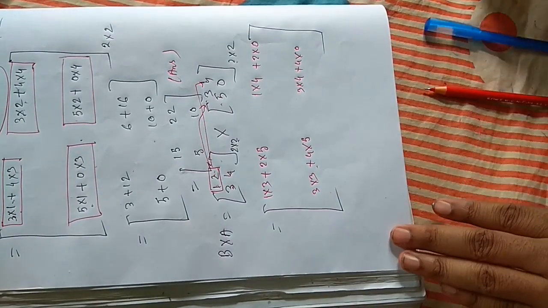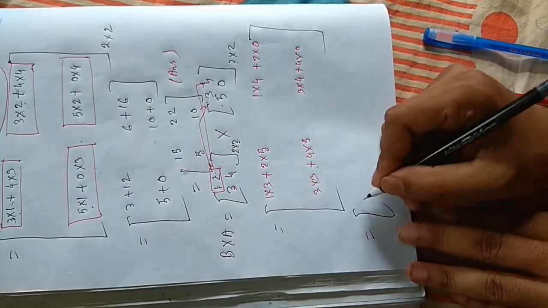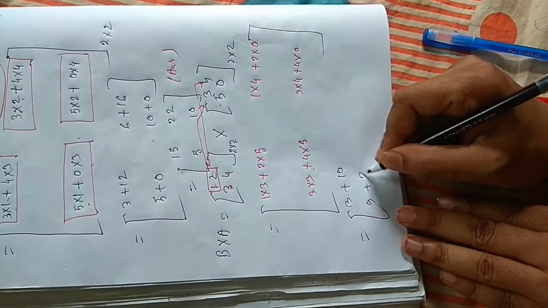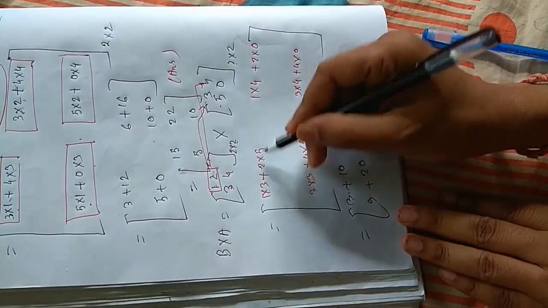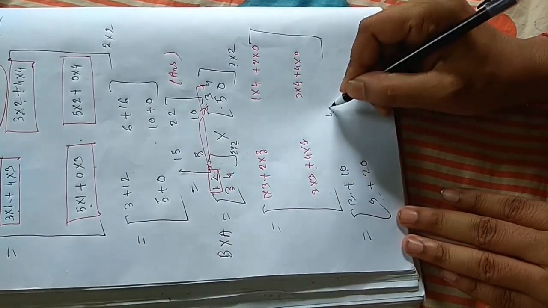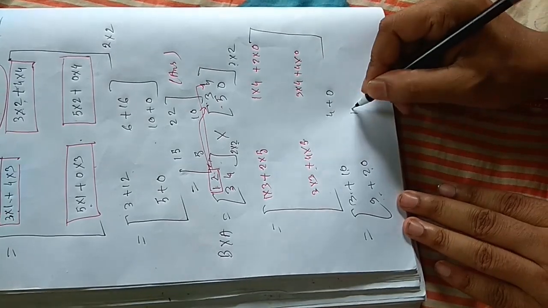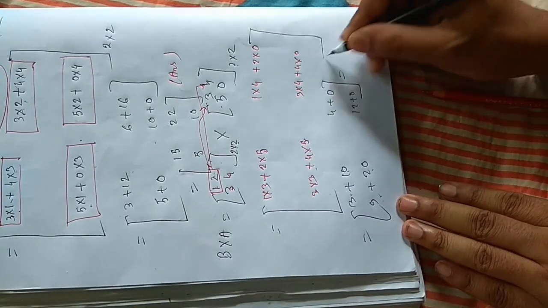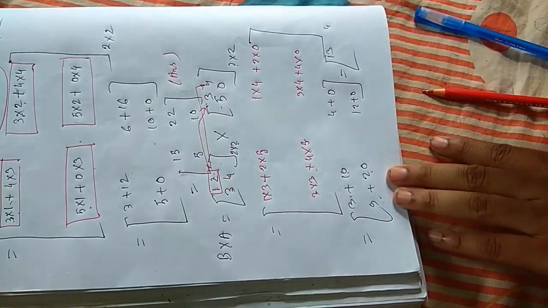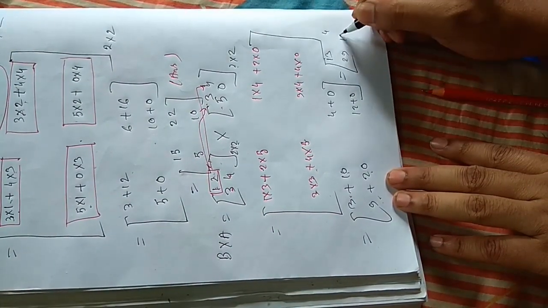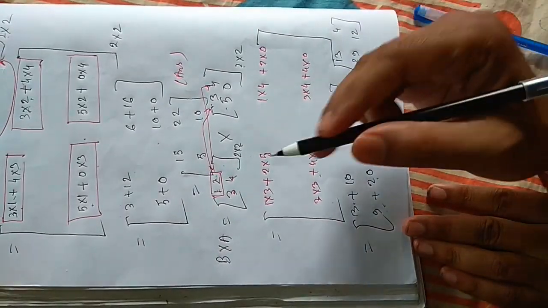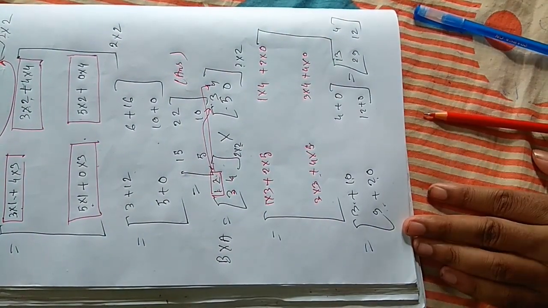And the final answer, see: 1 into 3 is 3, 2 into 5 is 10, so 13. 3 into 3 is 9, 4 into 5 is 20, so 29. Here 4 plus 0 and 12 plus 0. So the final product is 13, 4, 29, 12. Okay, so we found AB and BA.